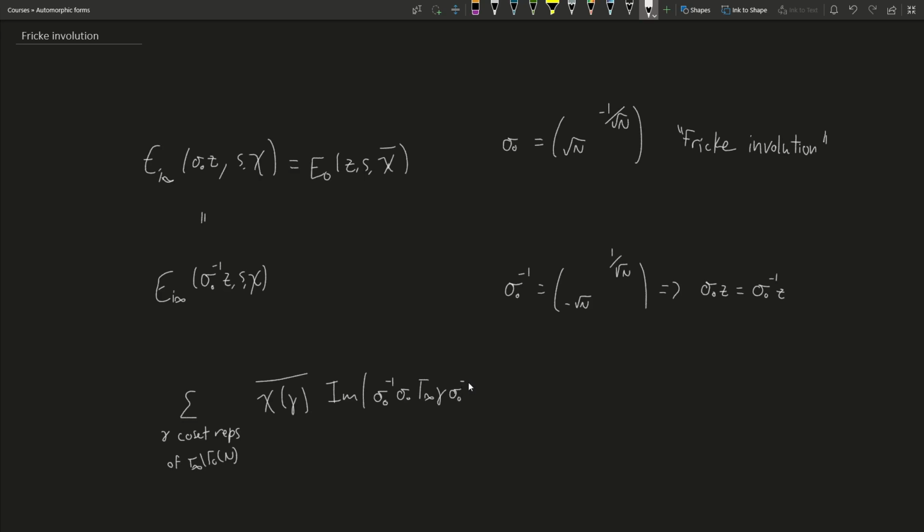And then we have this sigma naught inverse coming from what we put in front of the z, and then we have our z all to the s.